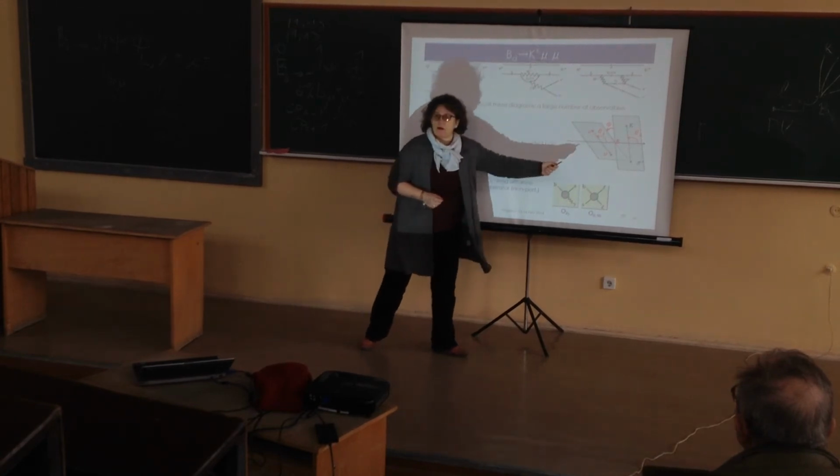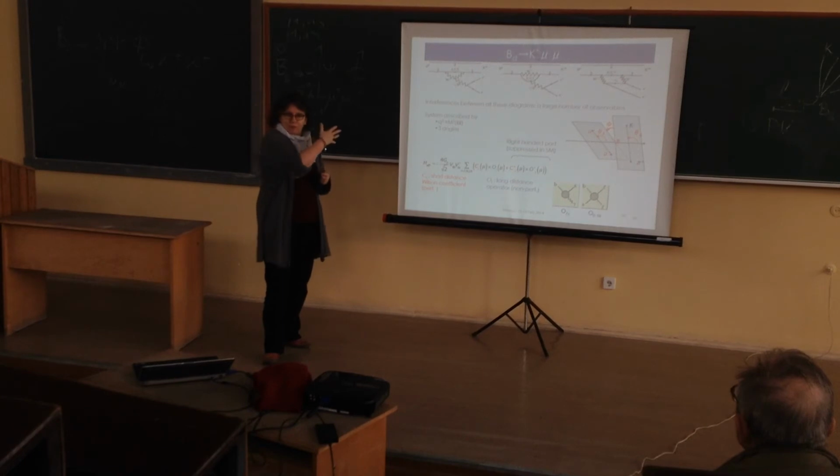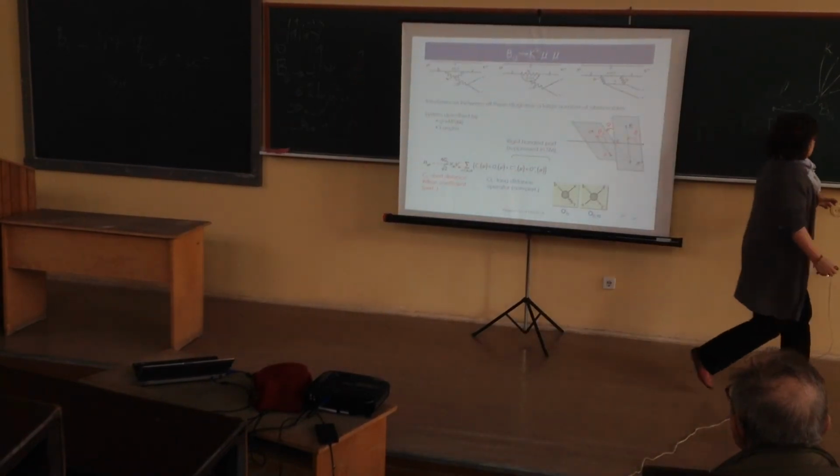So you have three angles as before. You remember the terrible formula with three angles? So it's the same formalism. But no time measurement, no tagging needed, because you know what you are working with.